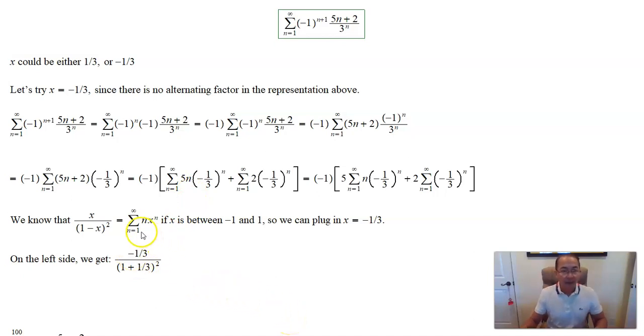Okay, so minus 1/3 in the numerator, and in the denominator, 1 plus 1/3 is 4/3. So we get 4/3 squared, and we know how to do that. That's 16/9. Clean up. So that's 9, and that's 16. Flip it over, and you get -3/16.